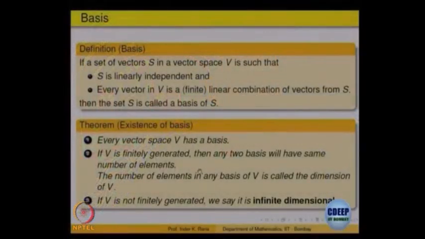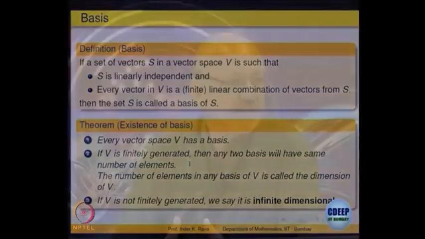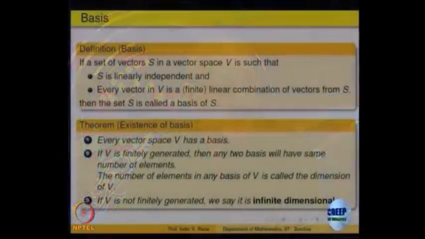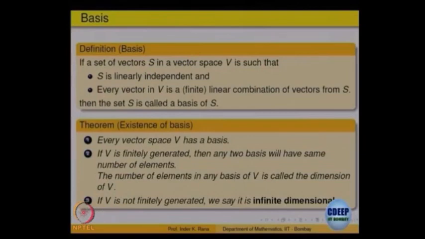Once that is done, there are two possibilities: it is finitely generated, or it is infinitely generated. If it is finitely generated, then one can prove a theorem that any two bases will have the same number of elements. That means there is a finite set S which is linearly independent and will generate.